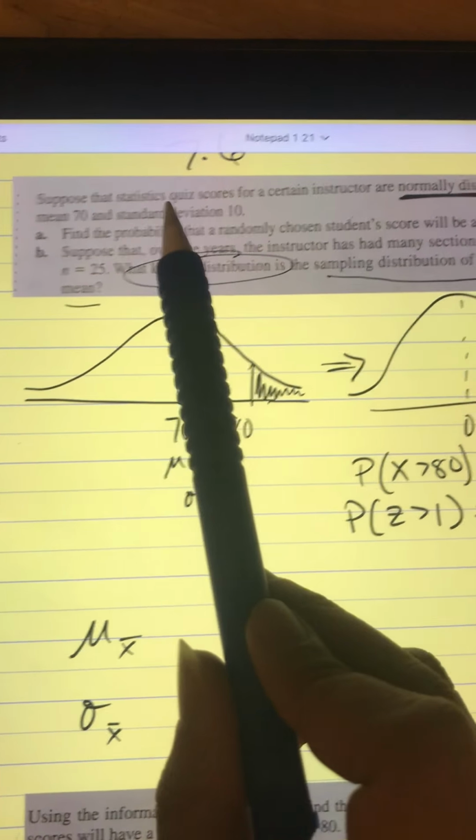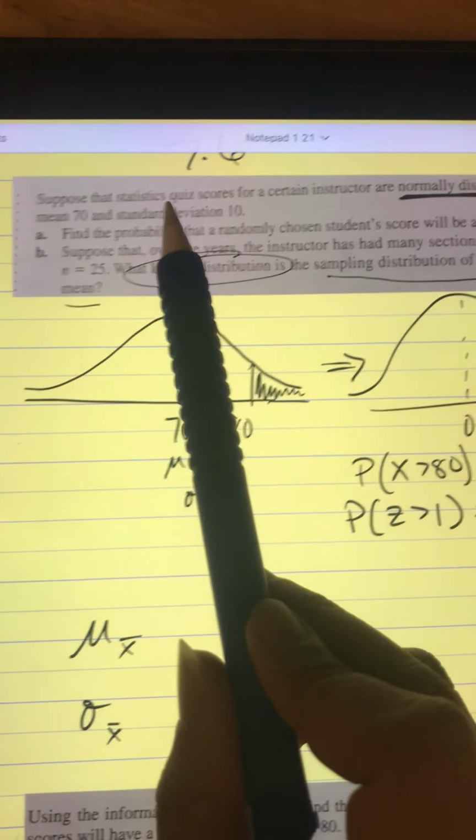So if we have a population that's normal, and then he takes sample sizes of 25, by fact 3, I think, it tells us that if the population is normally distributed, then the sampling distribution is also normal, or normally distributed.